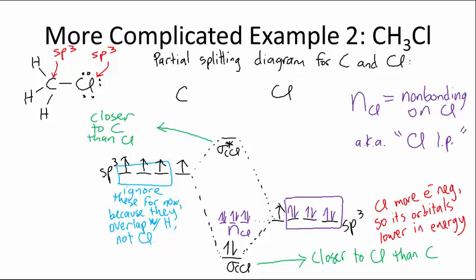All right, so far I've only considered the carbon and the chlorine. I ignored the hydrogens because it's kind of a pain to put all that in one splitting diagram. This is why we're going to move from drawing splitting diagrams to just drawing what's in the middle. All right.